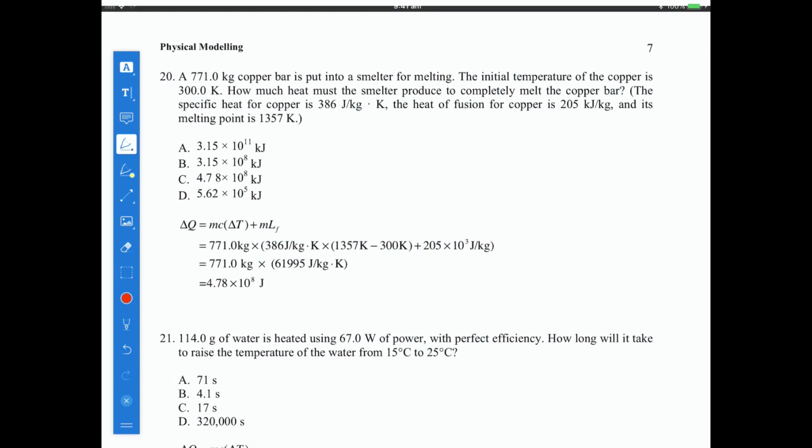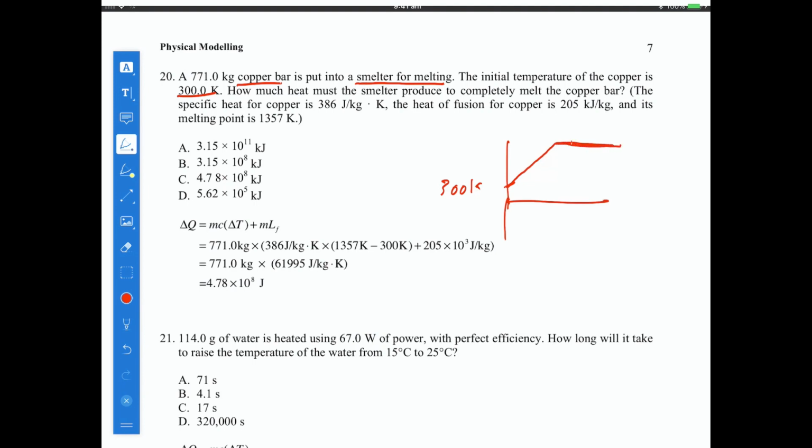Number 20. This is the same argument. This time you have copper, and you melt it. First of all, the initial temperature is 300 K, so it rises until it melts.